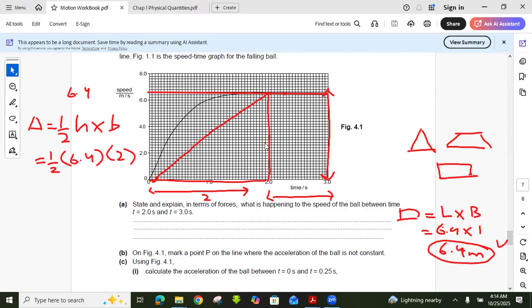So 6.4 multiplied by 2 is 12.8, divided by 2, this is 6.4. Now we will add up the total distance: 6.4 plus 6.4 is 12.8. So this is the estimated answer.